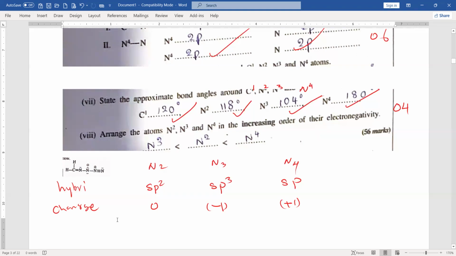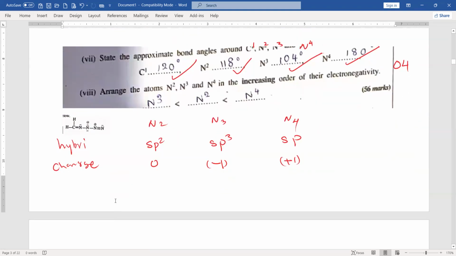Then obviously now you can find it. sp hybrid nitrogen will have the highest electronegativity. sp3 will have the least. And also if you get the charges, charge is minus here. Charge of this N3 is minus.